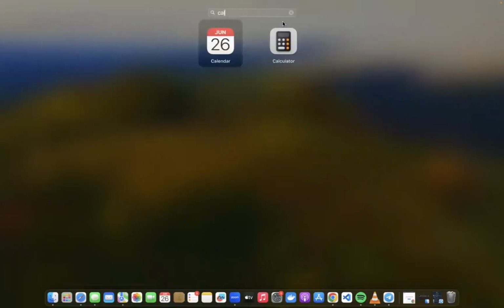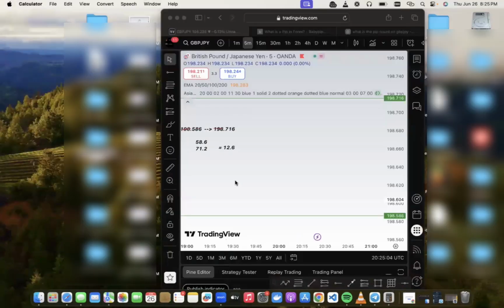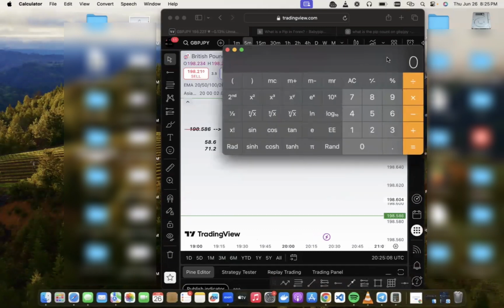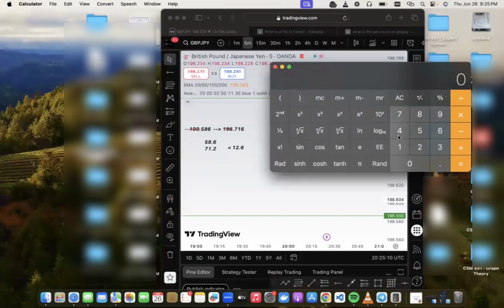Let me check that. I don't know if I have a calculator on here. Okay, the calculator is great. Sometimes I use a calculator when I can't do these small place values in my head quickly. So 71.2 minus 58.6.